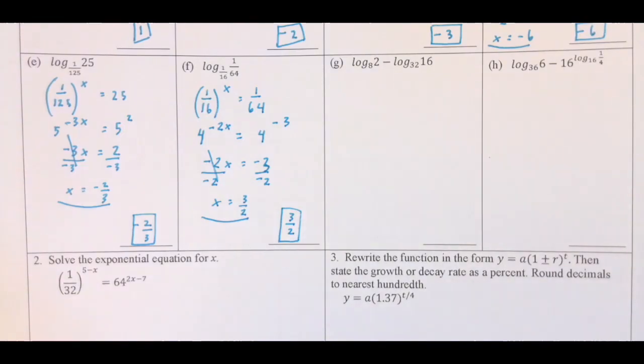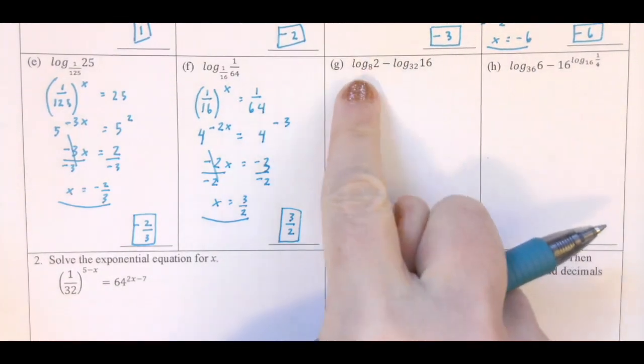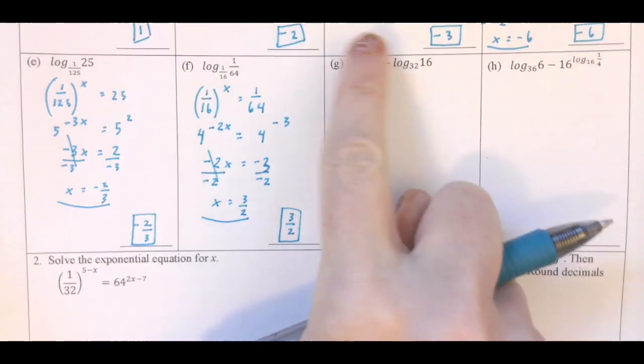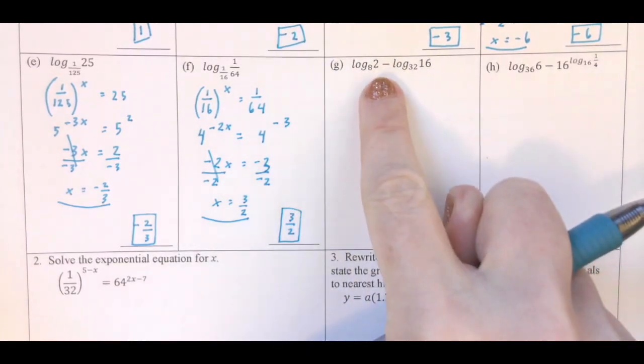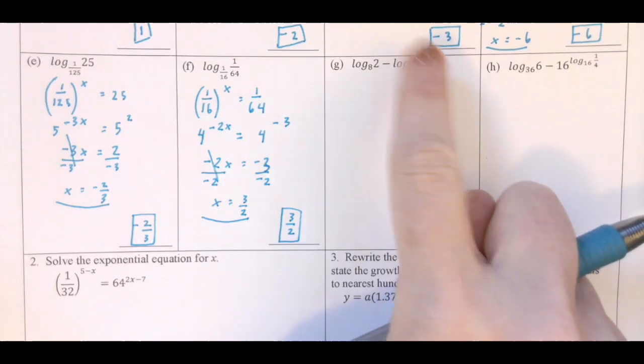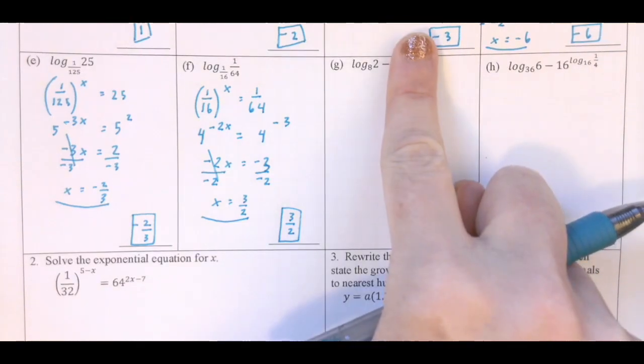Okay, next up here. 8 to what power gets me 2? I got to resolve that first before I can subtract away. Here, that log base 32 of 16. So I'm going to do this part first. 8 to what power gets me 2? Some of you might see right away, oh, it's a cube root, right? And if you see that, that's great. 1/3 really quickly.